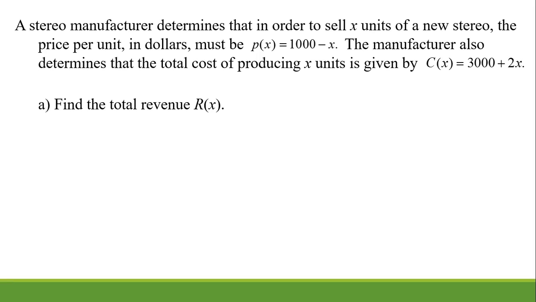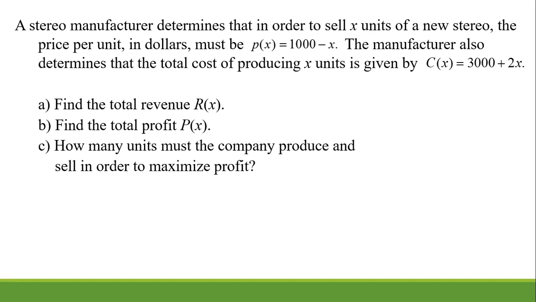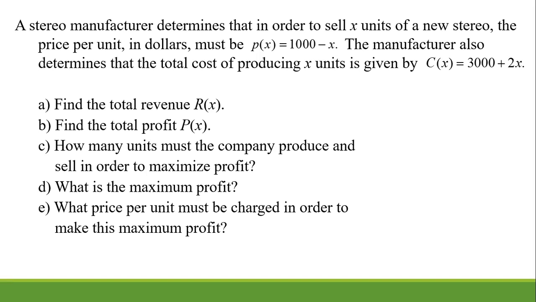We're going to find the total revenue, find the total profit, figure out how many units the company has to produce and sell in order to maximize the profit, find the maximum profit, and then find what price per unit has to be charged in order to make that maximum profit.